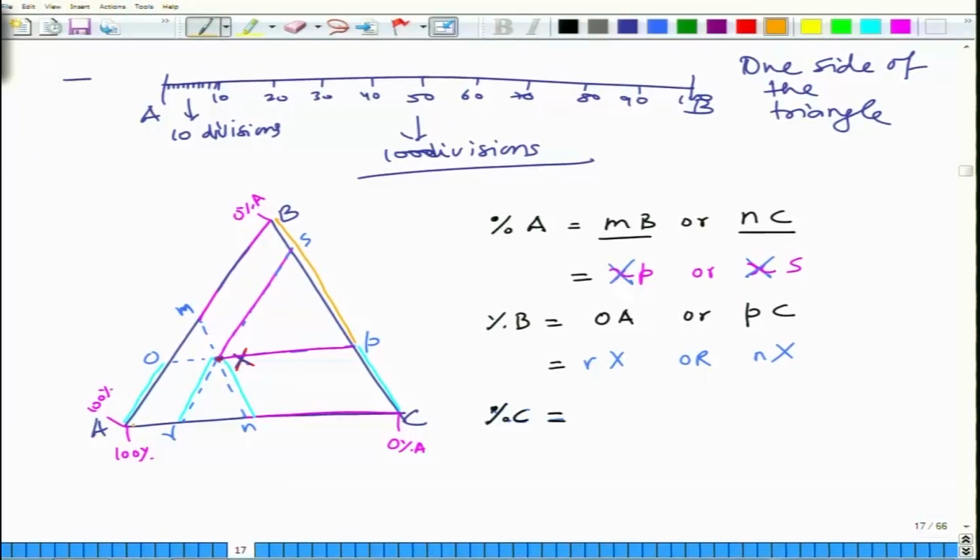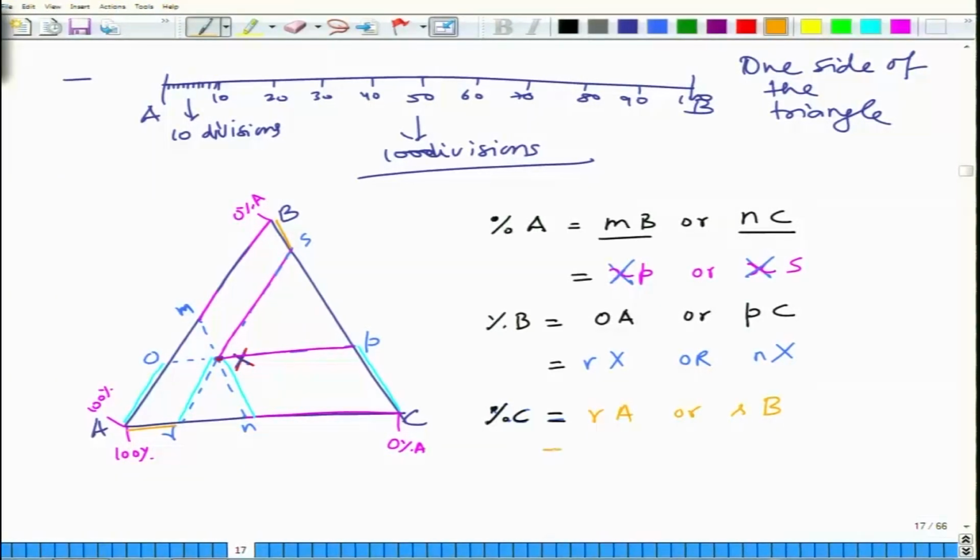This length is essentially your percentage C, so basically we are saying RA or SB.